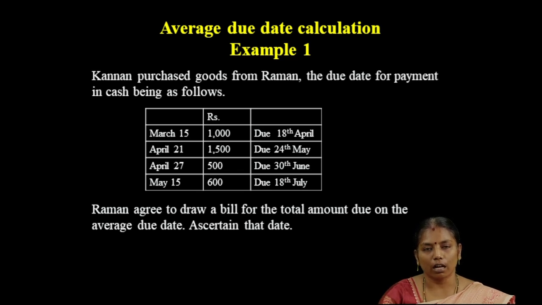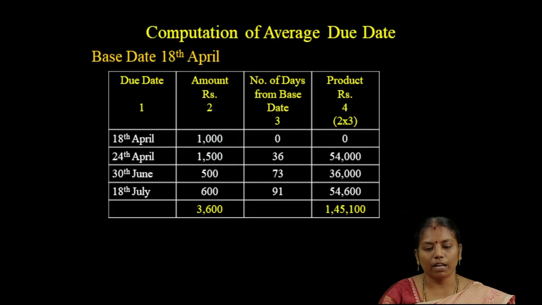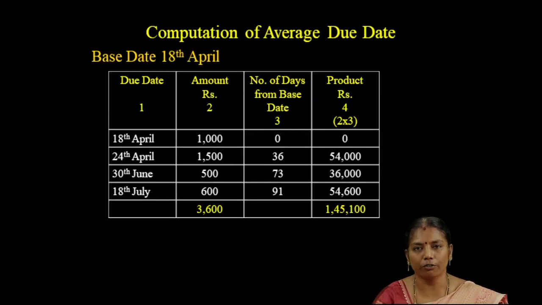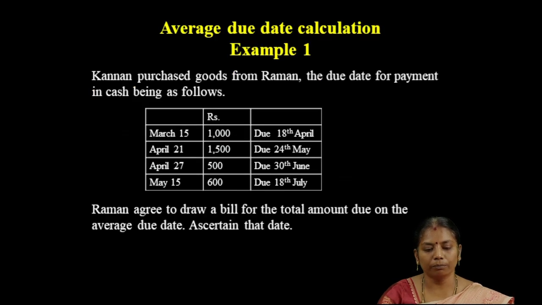Raman agrees to draw a bill for the total amount due on the average due date. Ascertain that date. In this sum, we have to find the base date. In the sum, 18th April is the first due date, so we are going to consider the base date as 18th April.